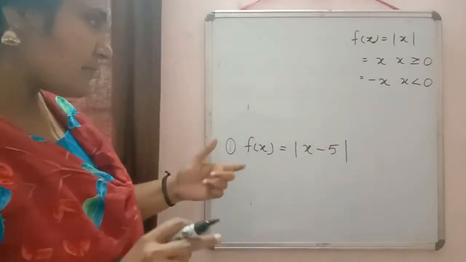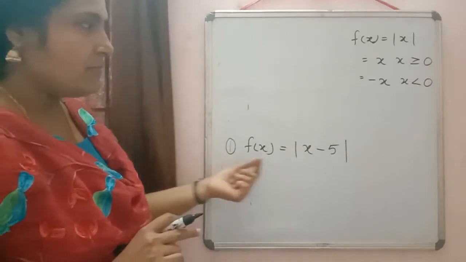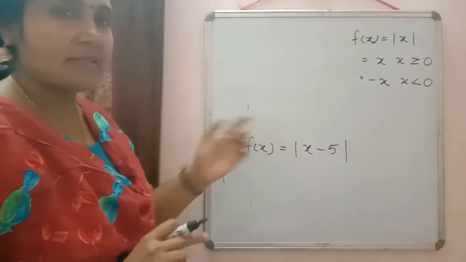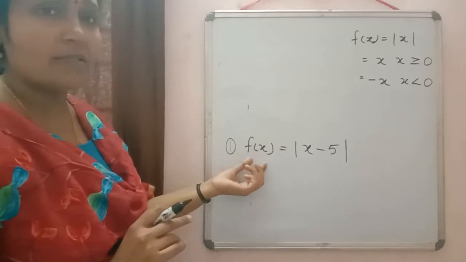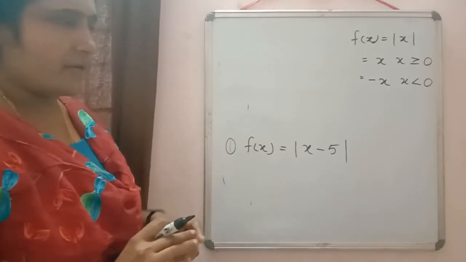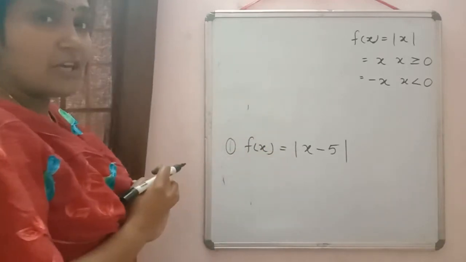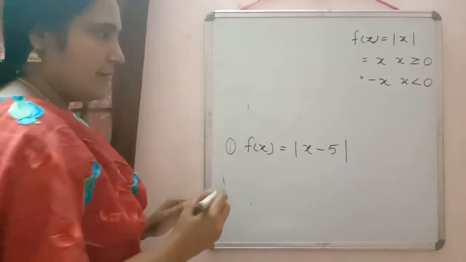So here again we have to find the domain and range. Domain means possible values of x and range means possible values of y, or possible values of f of x. From here, can you tell me whether this value will become 0 when x is equal to 5? Correct.